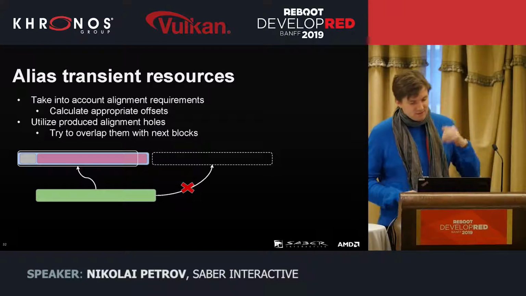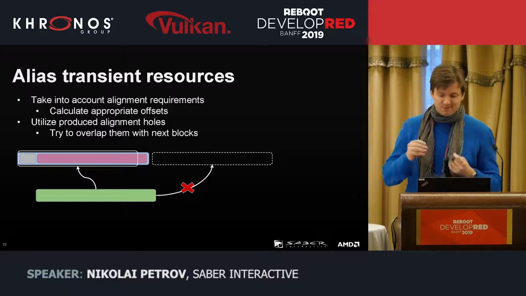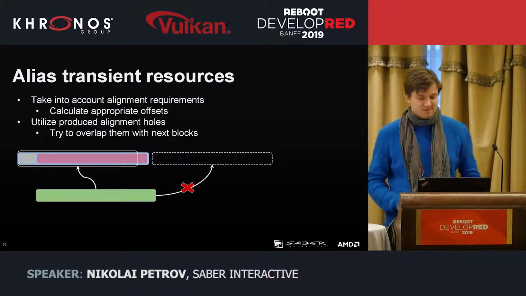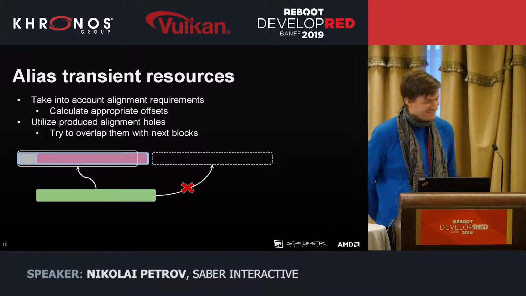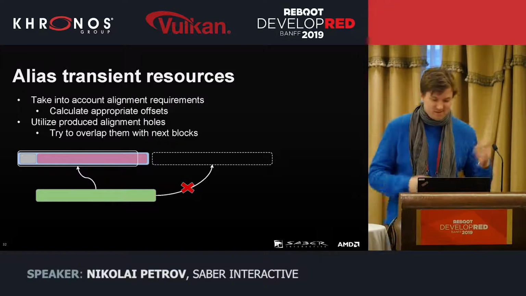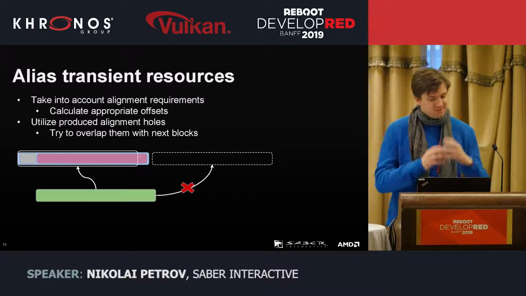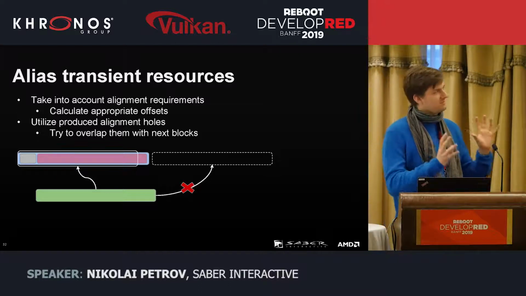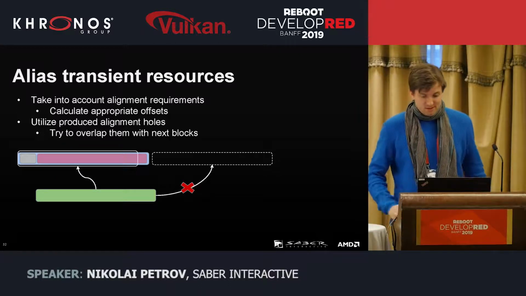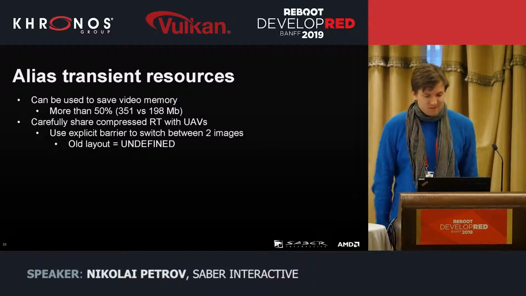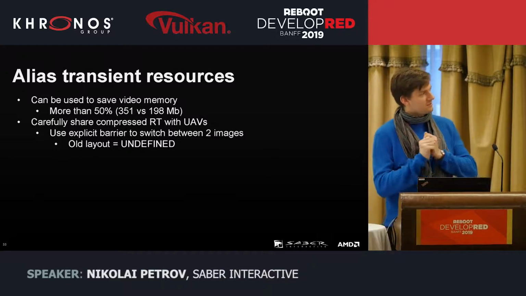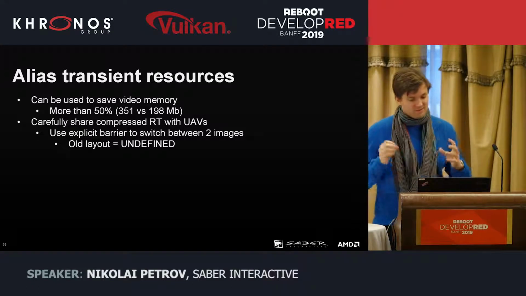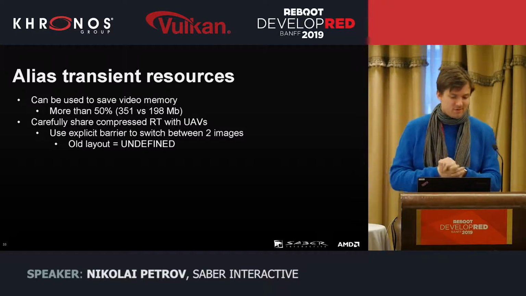So every time we start searching for suitable space for a new target, we can easily understand if there are any holes before. And if they are found, we just start the search from the beginning of the alignment hole to try to utilize it. So our Vulkan memory sub-allocation system mimics our console solution, so it helps to write uniform code to maintain all of the platforms.